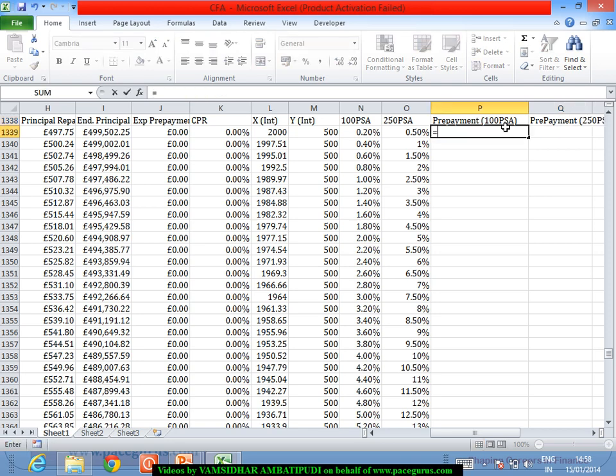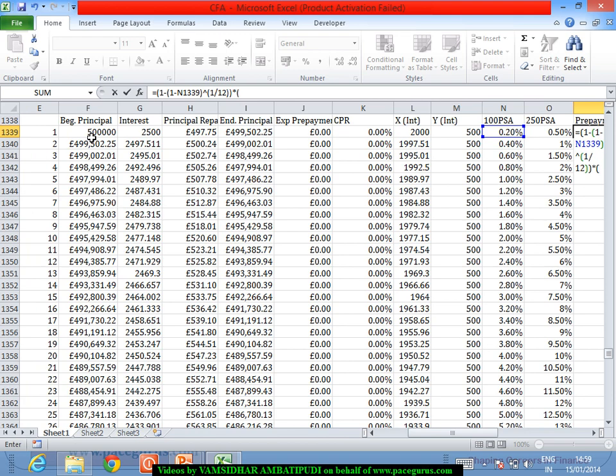When I'm looking at prepayment here, first I will compute SMM, which is 1 minus (1 minus CPR) to the power 1 by 12. This SMM is multiplied by the beginning outstanding principal minus the scheduled principal to be paid for this particular period.